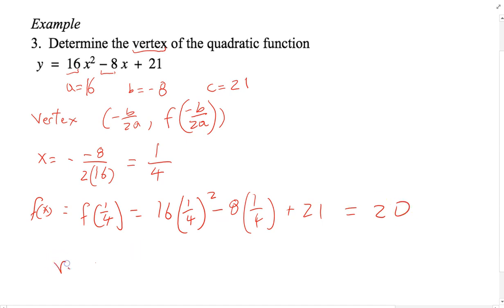So the coordinates at the vertex are (1/4, 20), and that is the vertex of the function 16x² - 8x + 21.